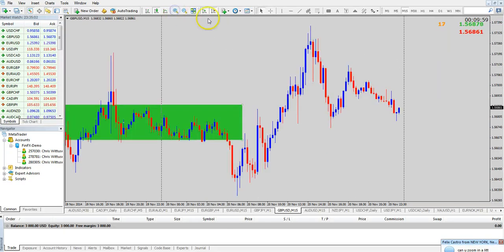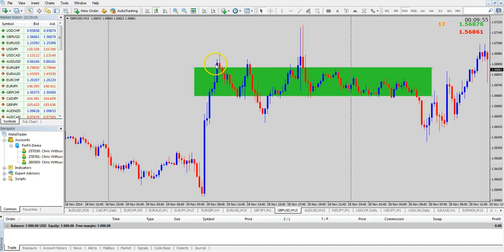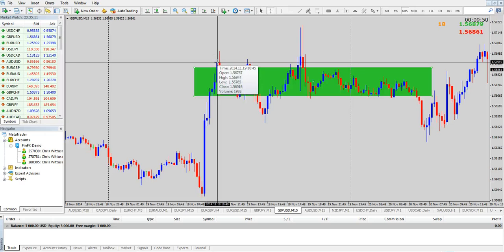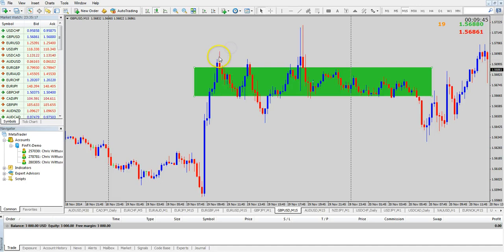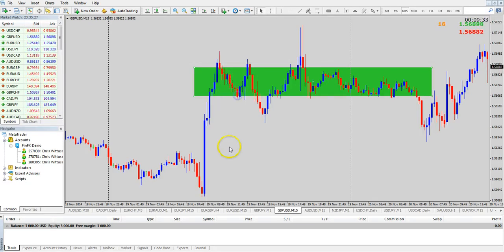Sure, I can zoom in. So breakout candle here. If you thought that at the end of that candle, because it broke out of the box, you should go long, well, it wouldn't have worked out very well. You would have been happy for 7-8 minutes, and then you would have been very sad for 24 minutes or so.